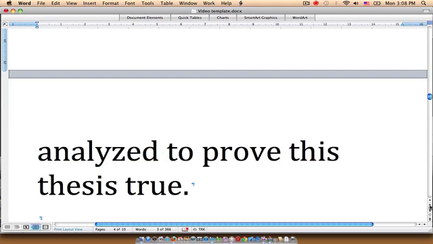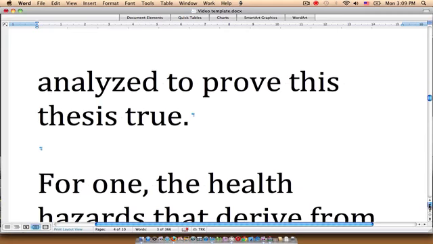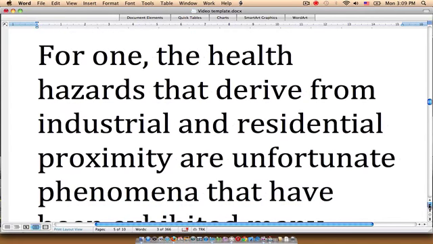The second supporting paragraph is going to talk about the problems that come about with child labor when factories are located too close to residentially dense areas. So, supporting paragraph number 1.